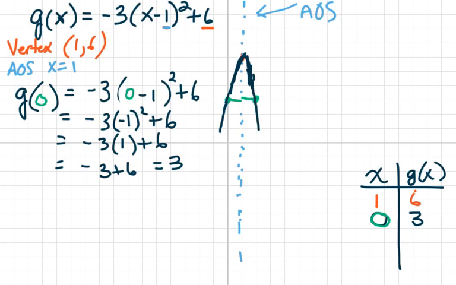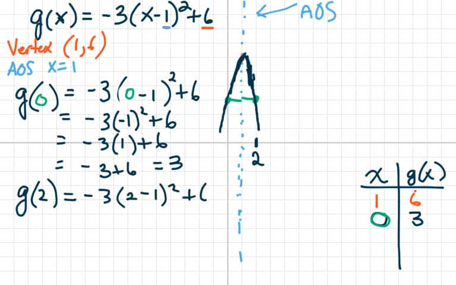What is that point? It's where x equals 2. So let's go ahead and take g and plug in 2 for x. We should get 3. Let's check it. That's going to be -3 times (2 minus 1) squared plus 6.